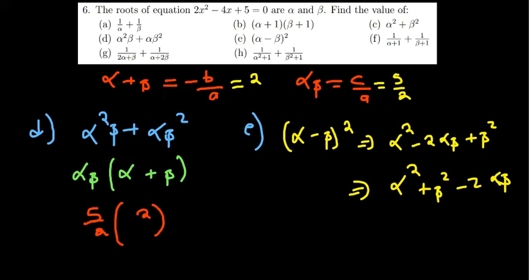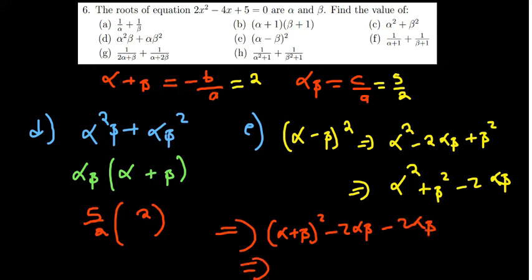After expansion, only this part is in the form of the product. Now alpha squared plus beta squared, if you've got good memory, under C we said that is the same as alpha plus beta squared minus 2 alpha beta. So now there's also an extra minus 2 alpha beta, giving us 4. So alpha plus beta squared, alpha plus beta is 2, so 2 squared minus 4 alpha beta, which is 5 over 2.